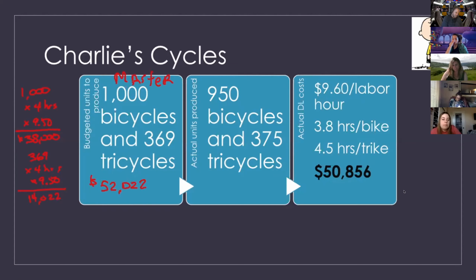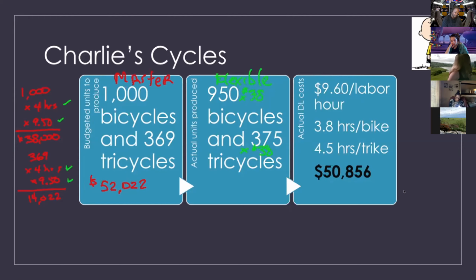What we want to compare is our flexible budget. Knowing that we only had 950 bicycles, and I'll just shorthand it at $38 per bicycle, that's $9.50 times 4 hours, and then 375 tricycles at $38 per tricycle.